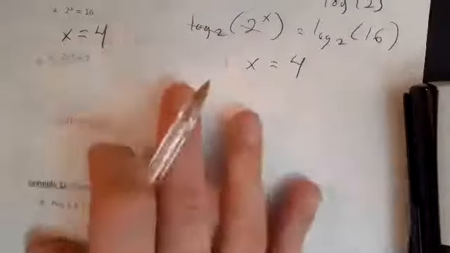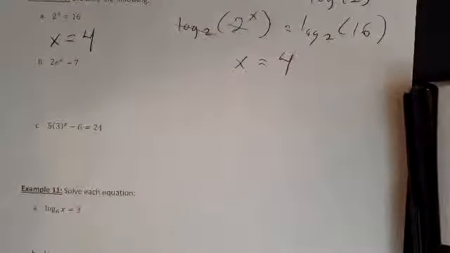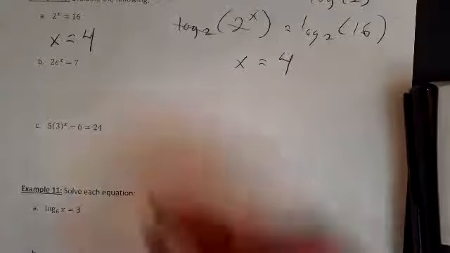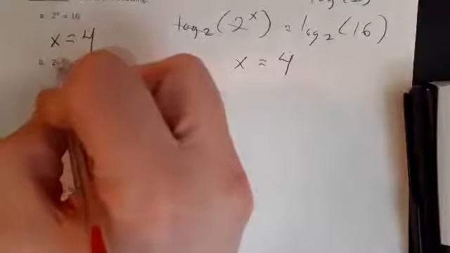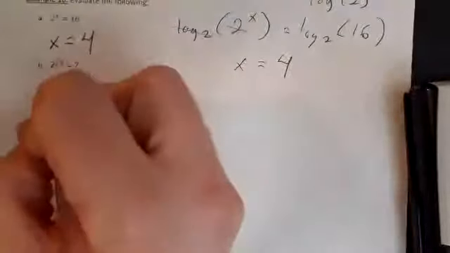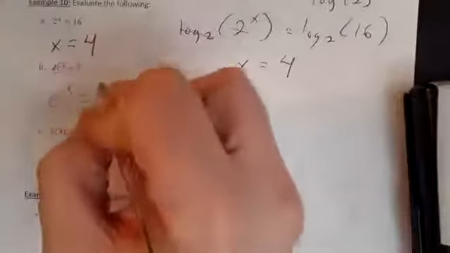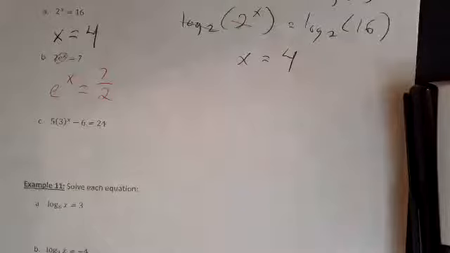e to the x. They're being a little tricky here. We want just the exponential thing by itself. We want just this by itself. So the first thing I want to do is divide by that 2. So e to the x equals 7/2.